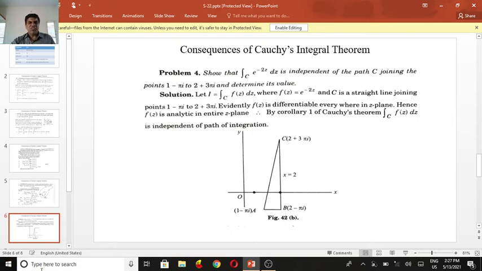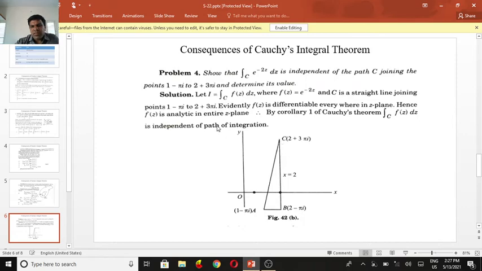Observe, first we take a graph joining 1 minus pi i and 2 plus 3 pi i. So take the x-axis and y-axis, and the points 1 minus pi i to 2 plus 3 pi i. So this is a line.